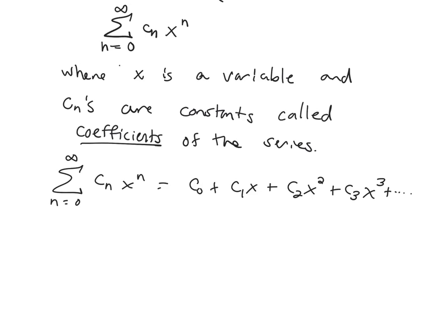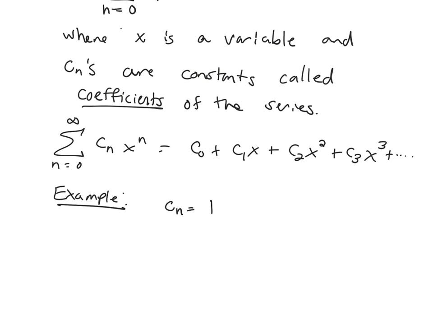So anytime I come across something new, we want to see an example of that. So the example we're going to consider, let's say all these coefficients are 1. So C_n is going to be 1 for all n.